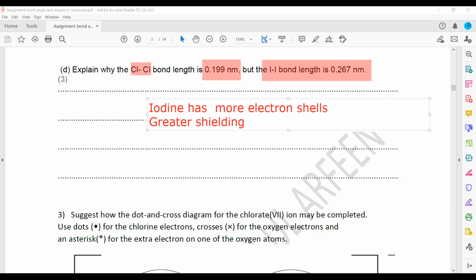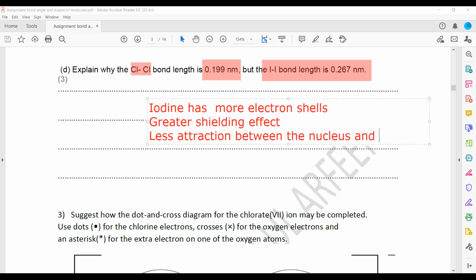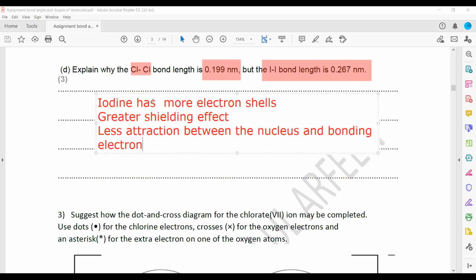It has more electrons in the inner shell, so it will have a greater shielding effect, and it has less attraction between the nucleus and the bonding electrons. That is why the size of the iodine I2 molecule is much larger as compared to the size of the chlorine molecule.